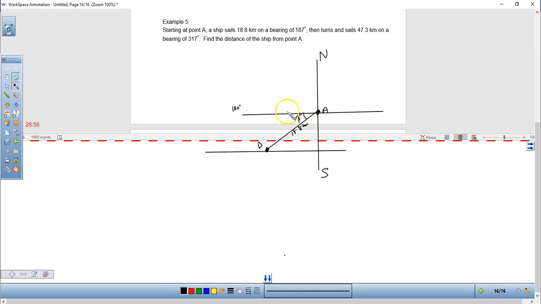Now, just so we remember, a little bit of geometry: if these two lines are parallel, and this angle is 7 degrees, this angle is also 7 degrees.